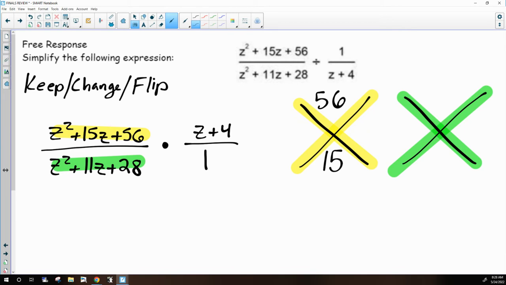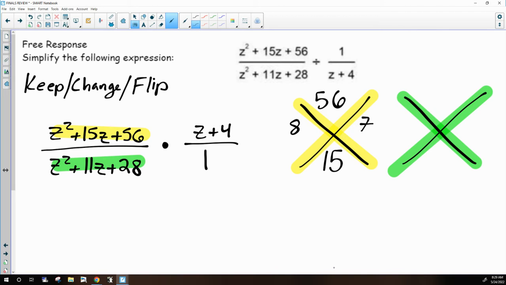Look at your factor sheet. 8 and 7. 8 times 7 is 56. 8 plus 7 is 15.